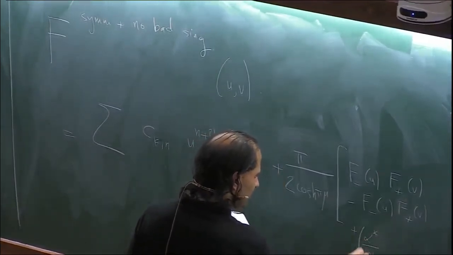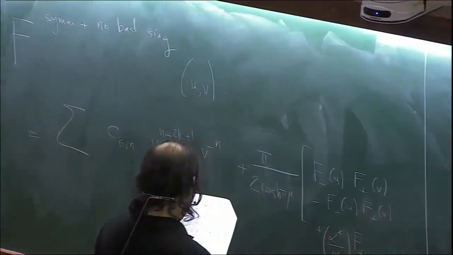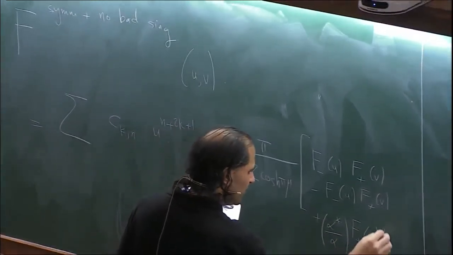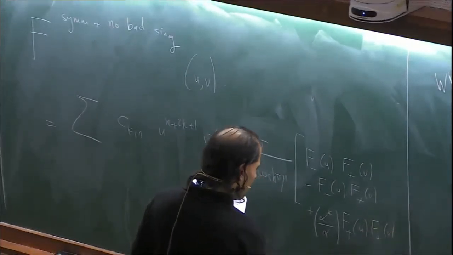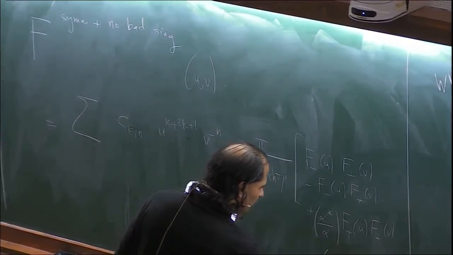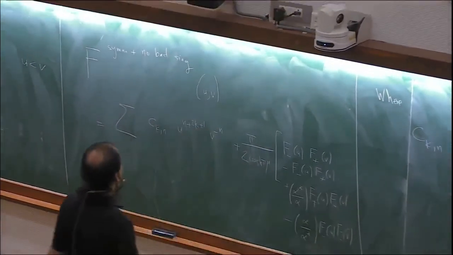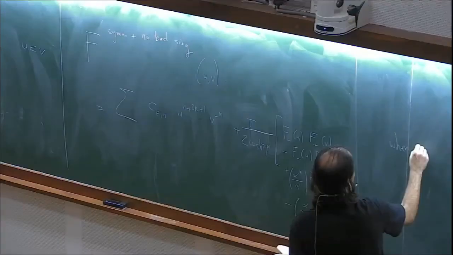Remember, alpha was that number that we got from the coefficient of singularities, f plus of u, f plus of v, minus alpha over alpha star, f minus of u, f minus of v. Okay, so that's what the solution looks like.